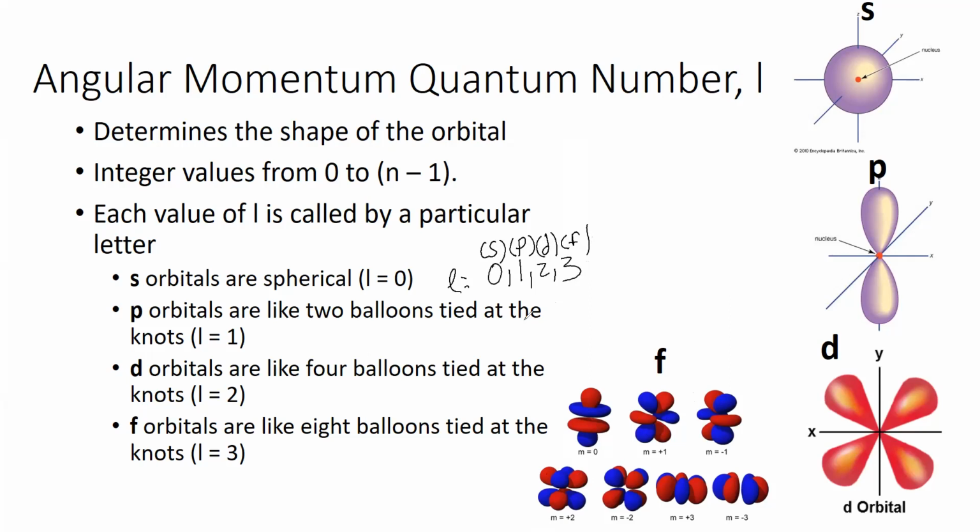All right, so how do we determine what L value an electron can have? It's based on the principal quantum number n. So let's look at an electron.